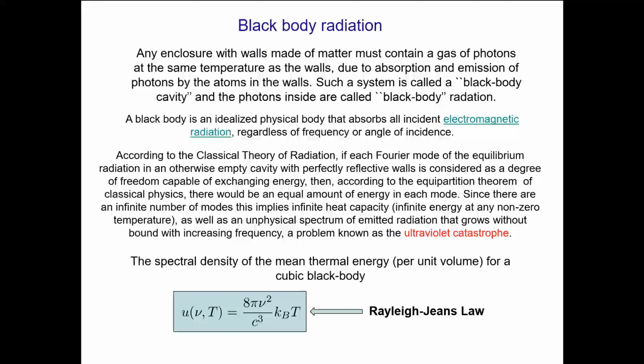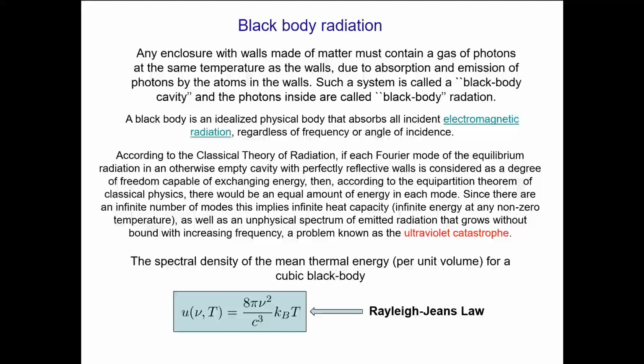Such a system, when this gas is in thermal equilibrium with the walls, is called a black body cavity. And the photons inside are called black body radiation. A black body in the literature is normally defined as an idealized physical body that absorbs all incident electromagnetic radiation, regardless of frequency or angle of incidence.